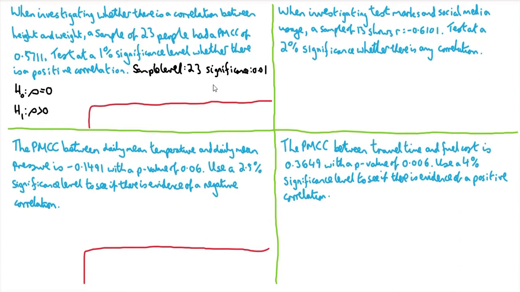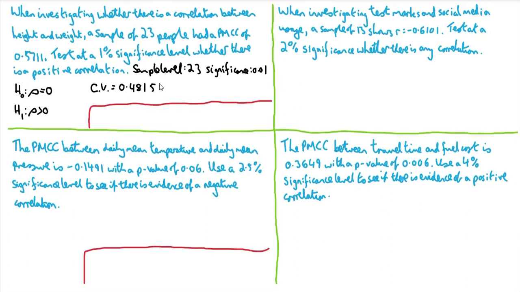However, if you do have to do this a bit more old school and use the contents of the formula booklet, then you will turn to the table that's labelled critical values for correlation coefficients, find the part of it that's talking about PMCC, and then you'll need to cross-reference in the columns and rows, find the number that is under or next to both the significance level of 0.01 and the sample level of 23. In this case, the number that you should be able to find on the table or that is spat out by your calculator should be 0.481.